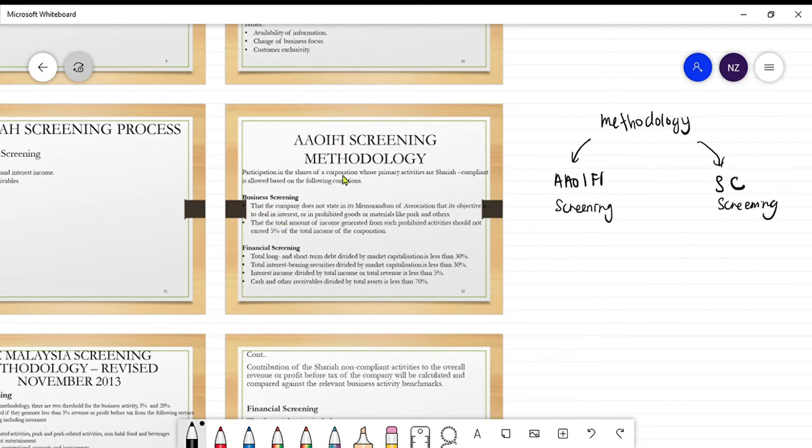According to IOV, dia cakap company yang does not state in its memorandum of association that its objective is to deal in interest or in prohibited goods or material like pork and others, that the total amount of income generated from such prohibited activity should not exceed 5% of the total income of the corporation.